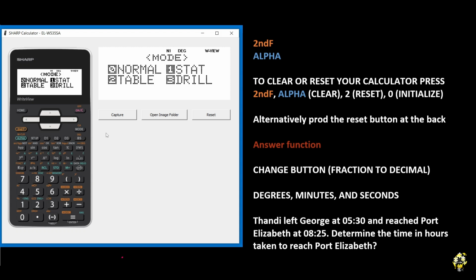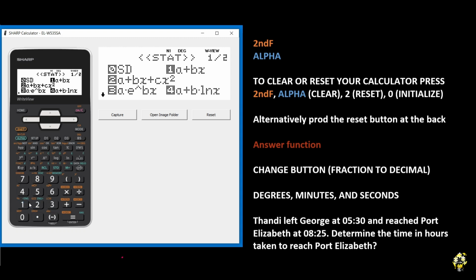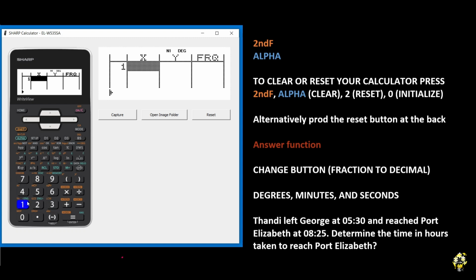Those are general calculations. So if your calculator were to find itself on stat, let's choose 1. Now your calculator would show something like this on the screen. But this is not where we want to find ourselves, as we just want to do a 5 plus 5. How do we reset this? There are two ways to reset your Sharp calculator.